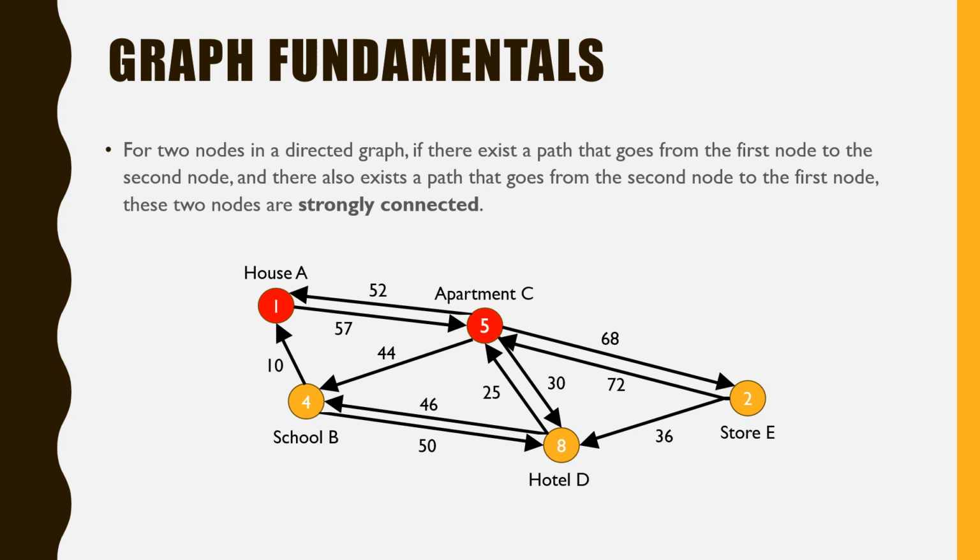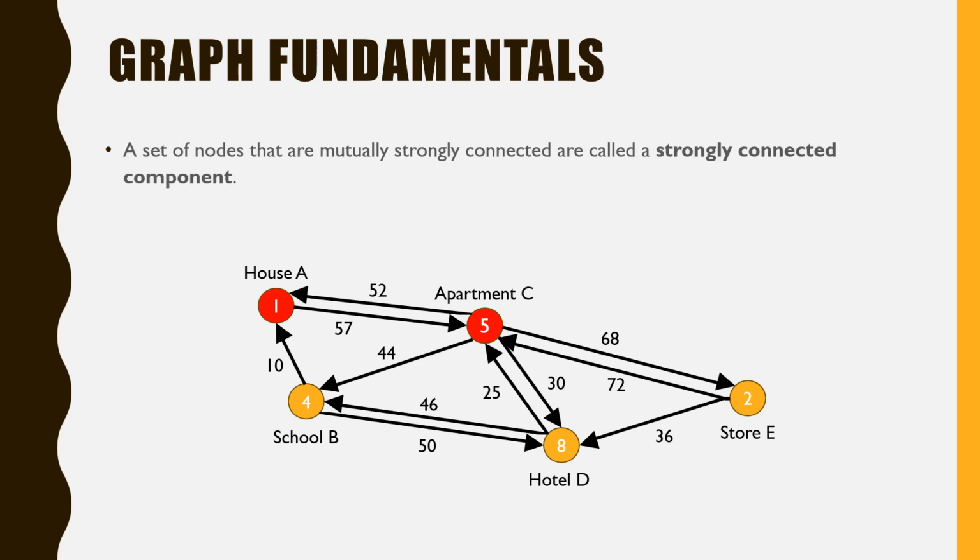Note that in directed graphs, two nodes may be connected without being strongly connected. Similarly, in a directed graph, a set of nodes that are all mutually strongly connected is called a strongly connected component.